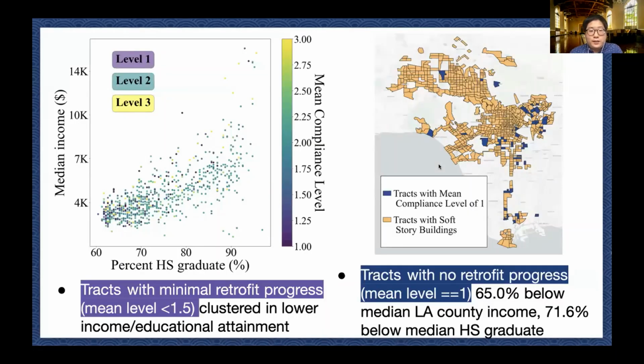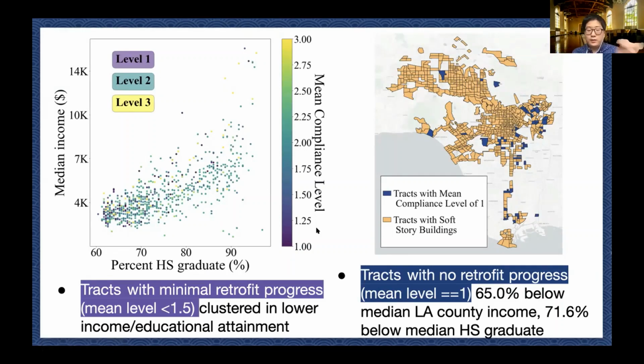The figure on the left is a color plot that shows the mean compliance level for each census tract, and the axes of median income and percentage of high school graduates were just selected for visualization purposes because they happen to have the best apparent trend. Here we can see that the lagging tracts, which are mainly shown in purple, are clustered around lower income as well as lower educational attainment areas.